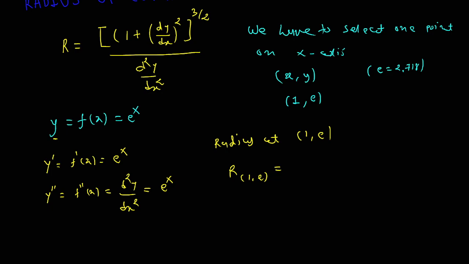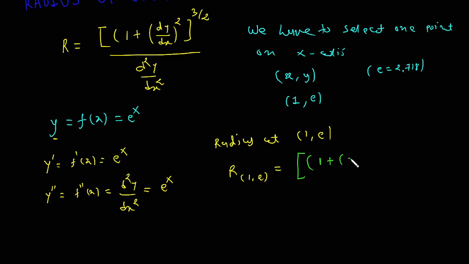Now simply put in all the values that we have got from these two differentiations. So 1 as it is. Here we have to square the first derivative, and the first derivative is simply e to the x, and we are interested in the point x equal to 1. So put 1 in place of x.